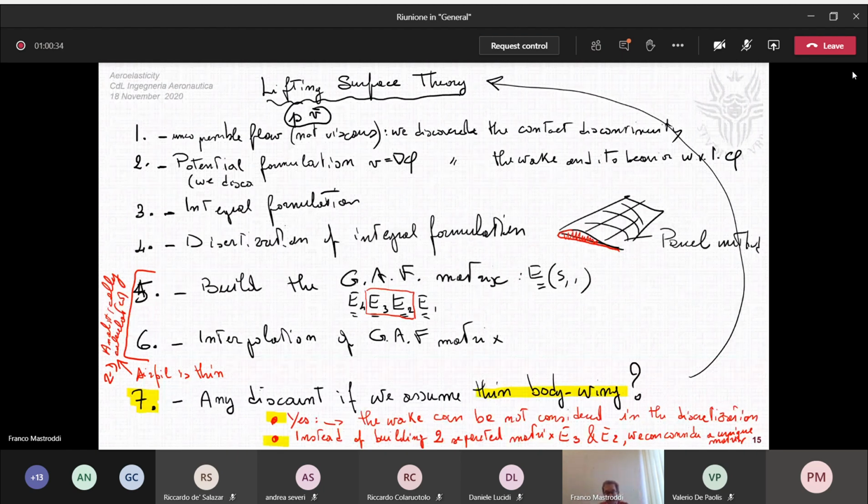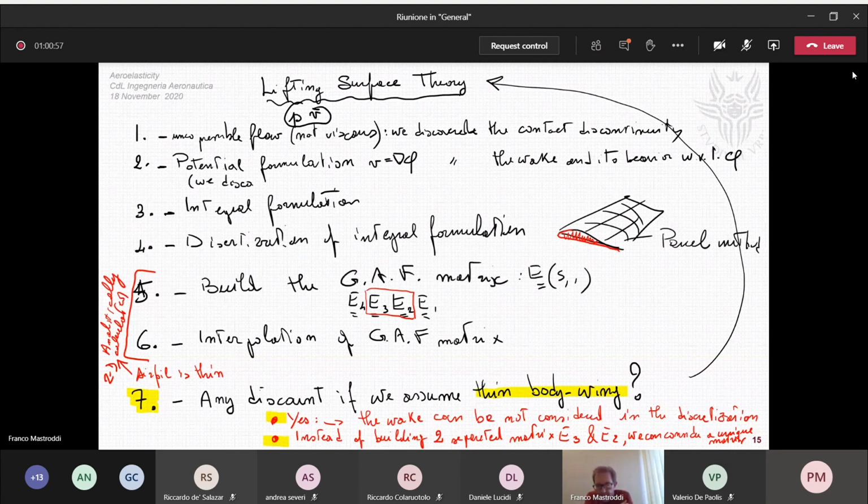After this unsteady aerodynamic part, the fourth part of our course is flutter analysis, stability analysis and response analysis. I have all the instruments to perform the flutter analysis and response analysis of an aircraft. Okay?